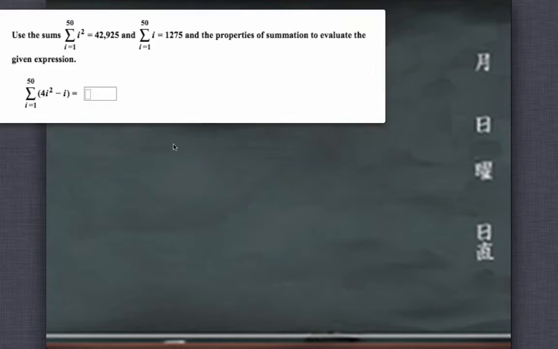If you have the sum from i equals a to b of k times something, say m sub n, you can factor out the k. If it's just a number times that, you can factor it out.